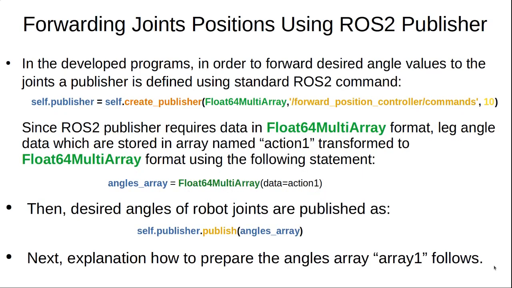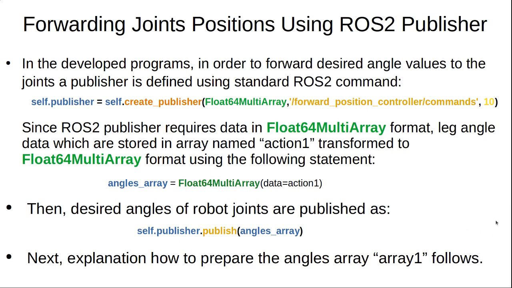Forwarding joint positions using ROS2 publisher. In the developed programs, in order to forward desired angle values to the joints, a publisher is defined using a standard ROS2 command. The command says that the forward position controller publishes data in float64 multi-array format.